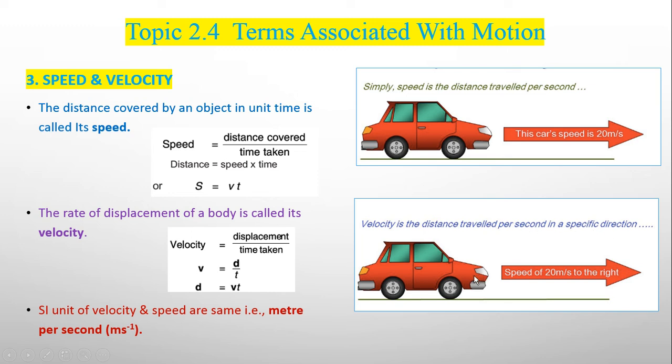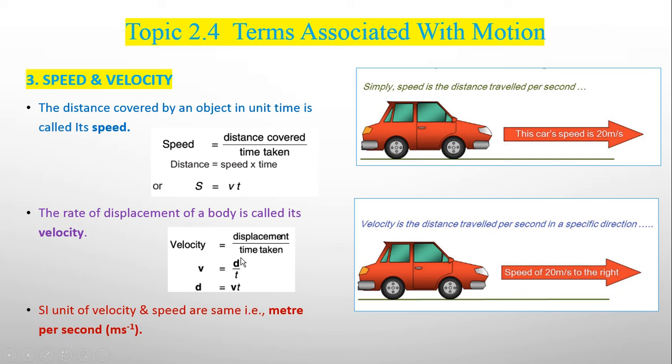Means now this car is moving with 20 meter per second to the right. Means now direction is also specified. That's why this term 20 meter per second is now called velocity of that particular moving object. So we can write the formula of velocity as displacement divided by time taken is called the velocity.